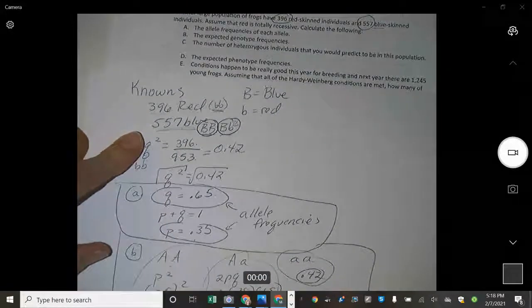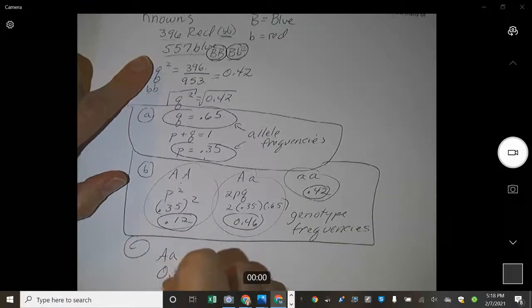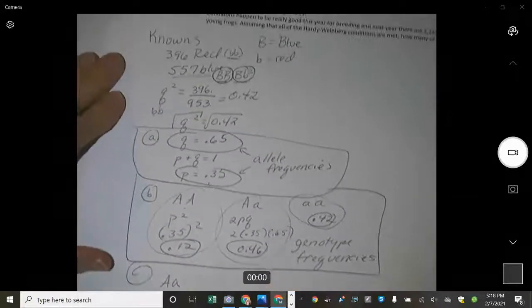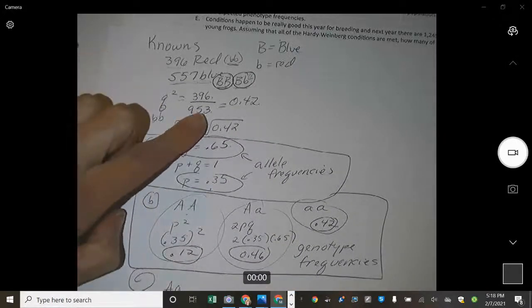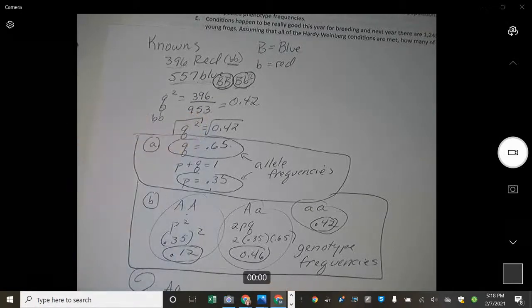So I'm going to take my frequency, 0.46, my big A, little a, it's 0.46 or 46%, and I'm going to multiply that by my total, which, if you remember up here, my total was 953. So if I multiply those together, I get 438. And that's the number of heterozygous ones, big A, little a.